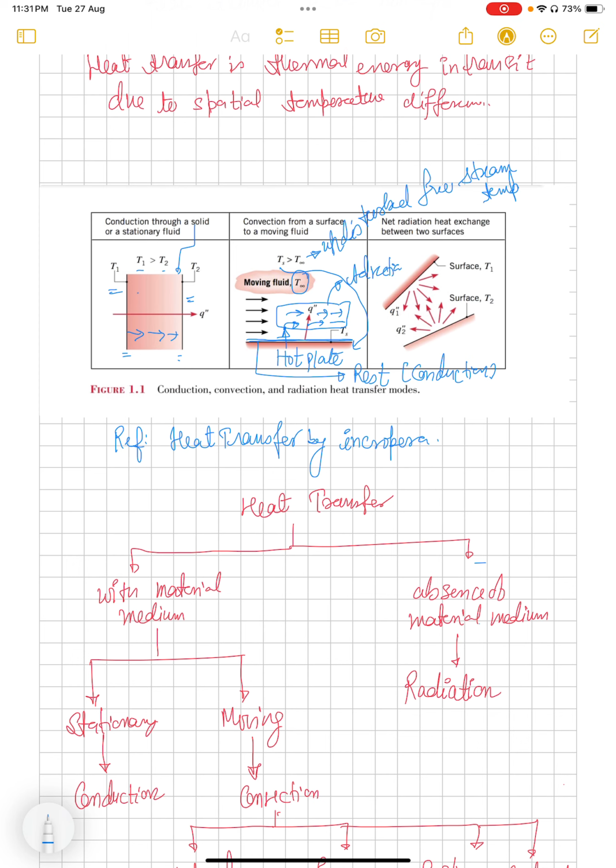So conduction in the bottom layer plus advection, which is nothing but bulk motion of fluid, results in convection.